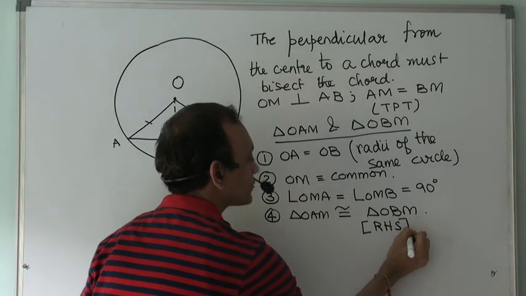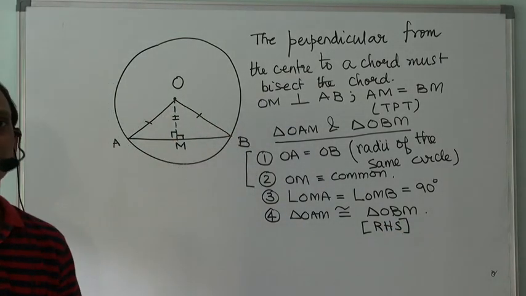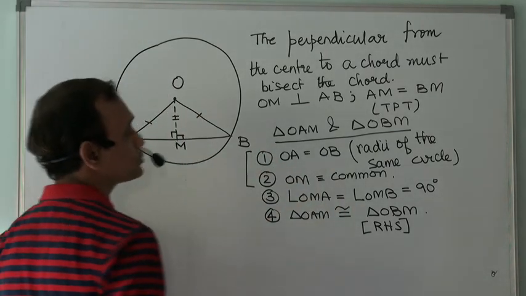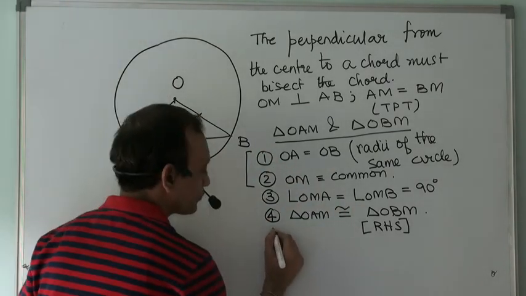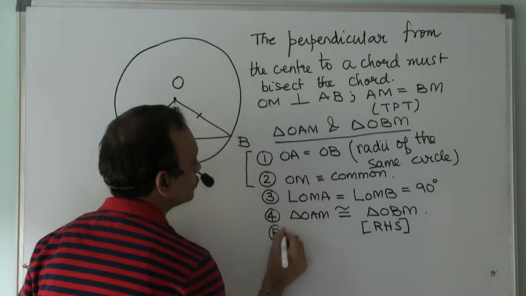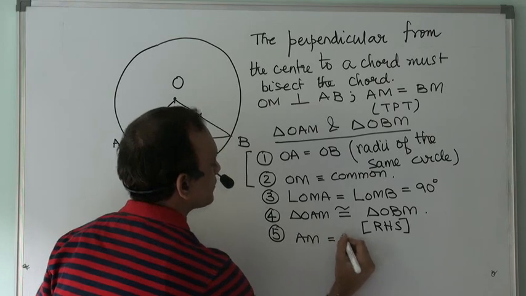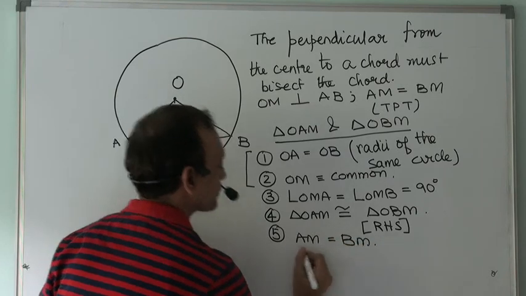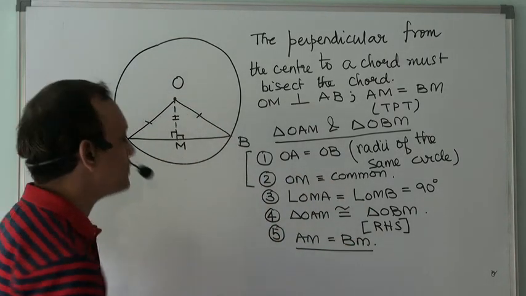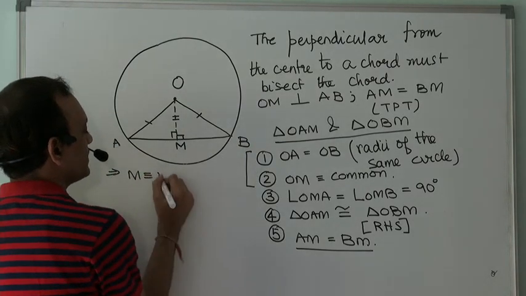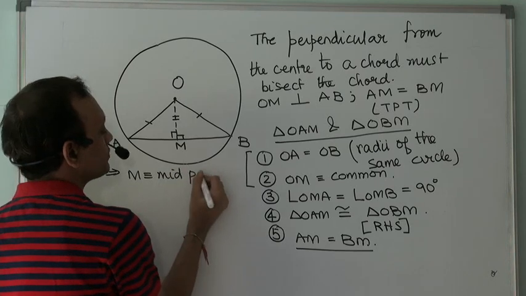I believe you have fond memories of the RHS condition for congruency. So OAM congruent to OBM, and therefore I can conclude that AM must be equal to BM. That's the conclusion. And if AM is equal to BM, that would lead to M being the midpoint of AB.